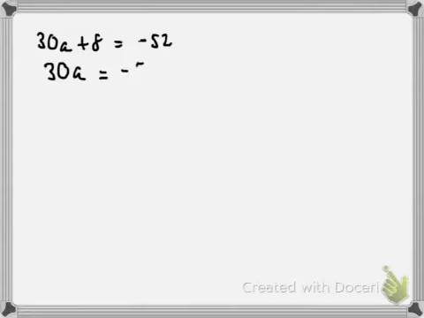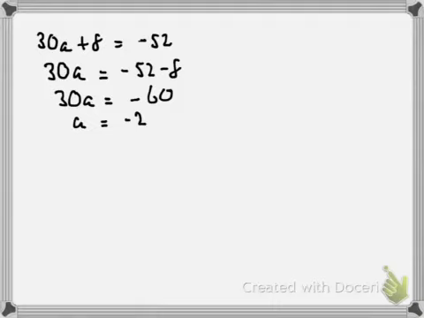Take the 8 across, we get 30a equals negative 52, take 8. 30a equals negative 60. A equals negative 2.